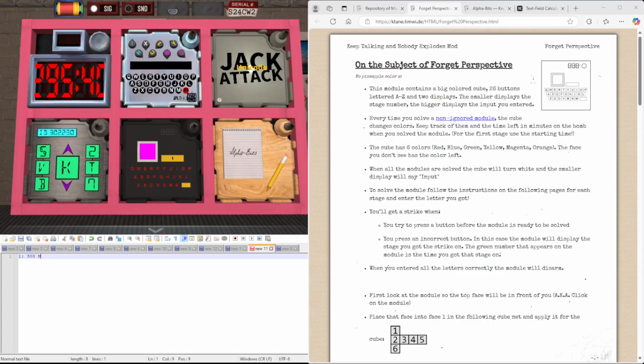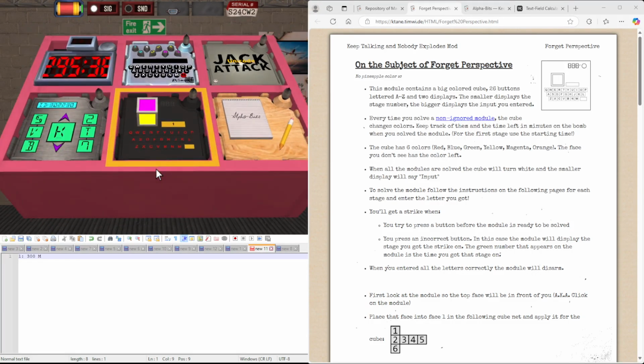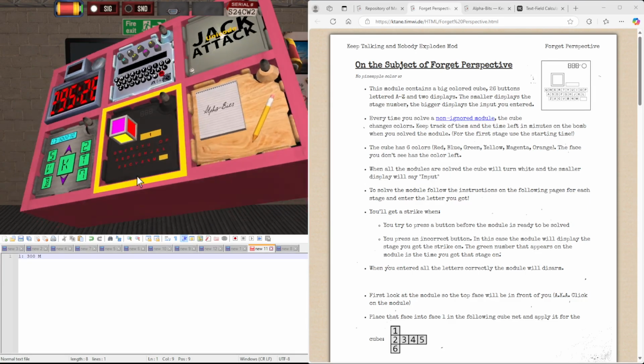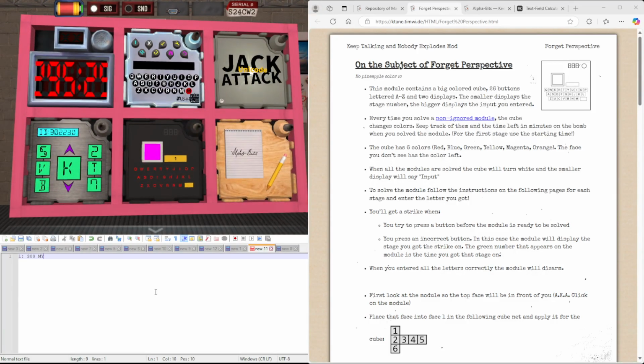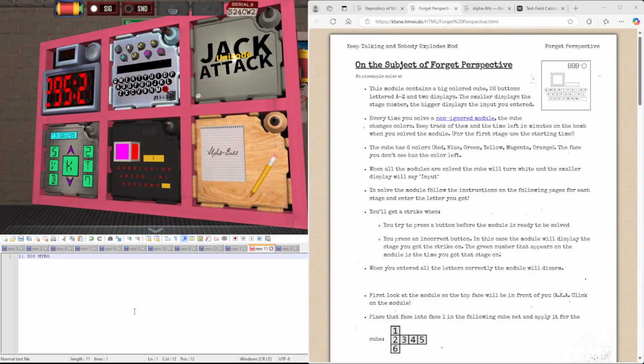We have magenta. Magenta, yellow, red, green, orange, blue.